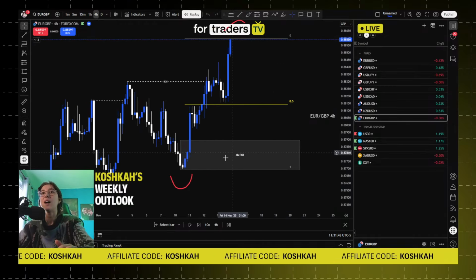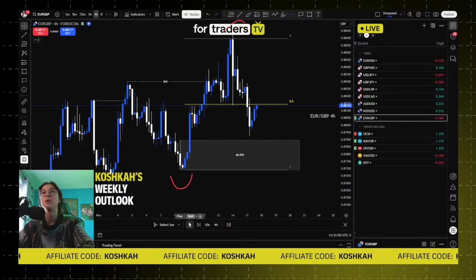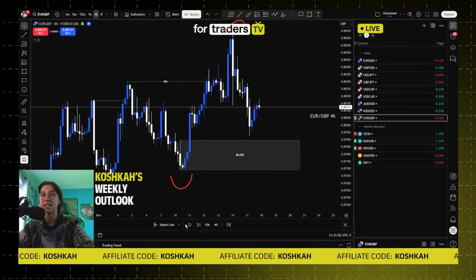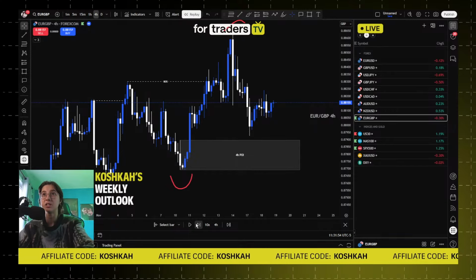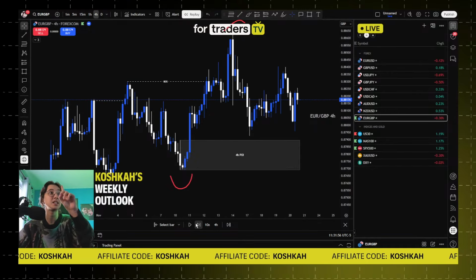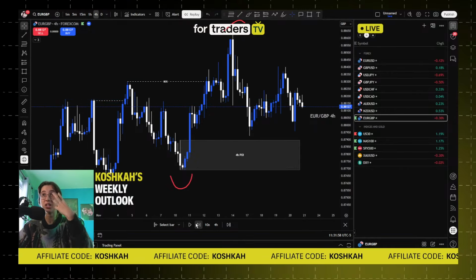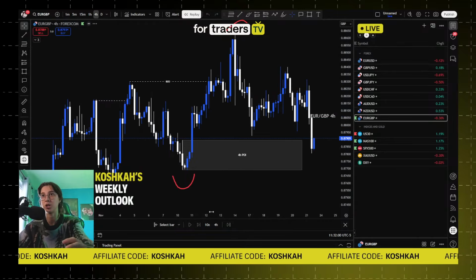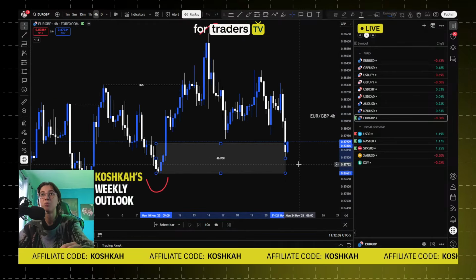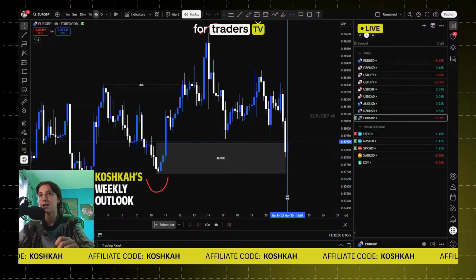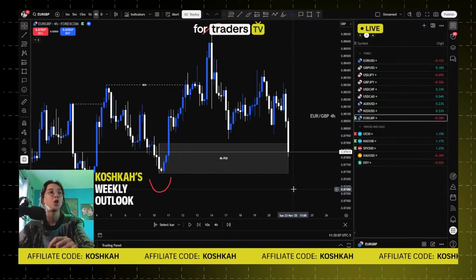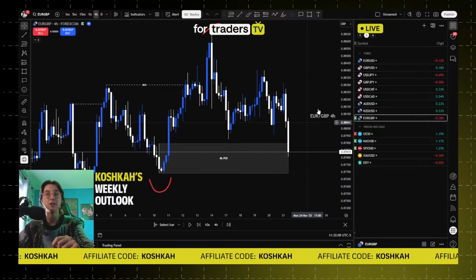Okay, so we have this 4-hour POI, and we're going to be waiting for this 4-hour POI mitigation. As you can see right here, this is interesting, guys. Open your ears, open your eyes, and look at the chart. We tapped into this 4-hour POI, exactly right here. This is when we look for our entry, okay?